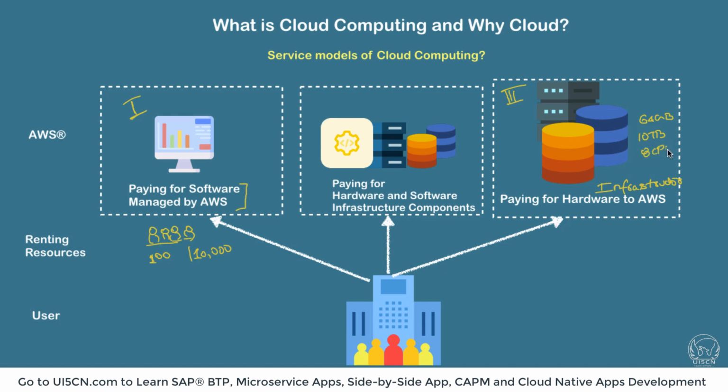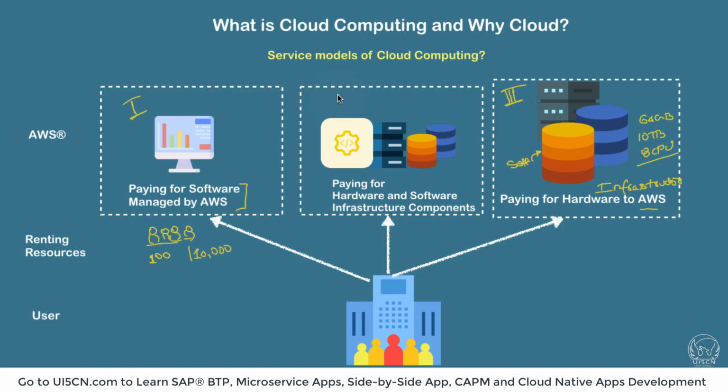They are special hardware which will require a lot of money and investment from my IT landscape side. So I don't want to spend so much money on buying the equipment. I can just rent the hardware, and using that hardware, I can put my own software solution on it, and I can run my setup or my system on top of AWS hardware. So that is the third category which can come.